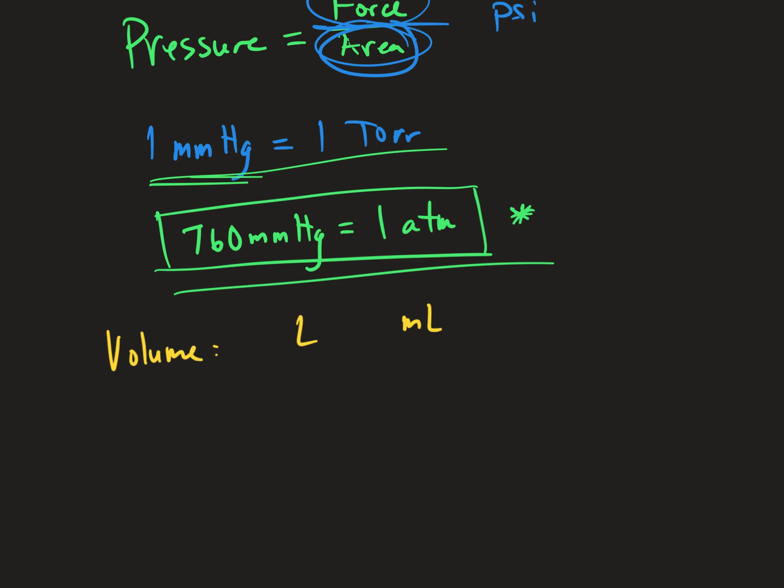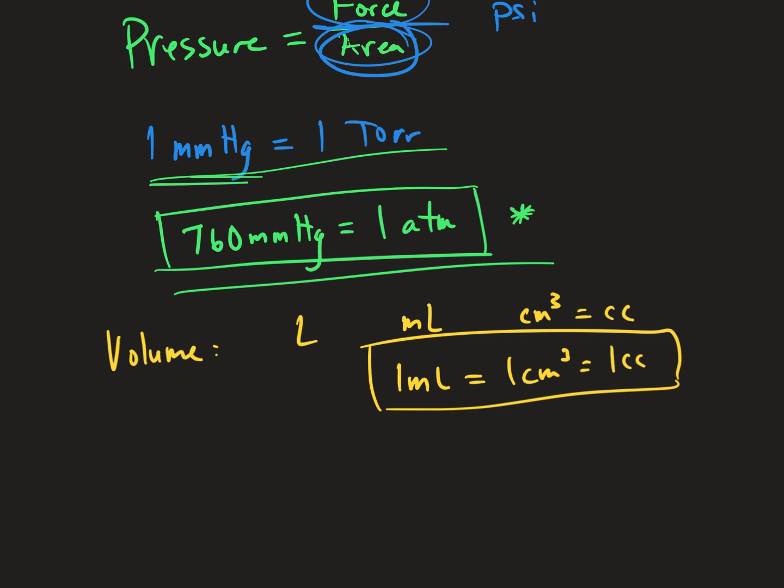So cubic centimeters, centimeters cube, or cc's. 1 milliliter is the same as 1 centimeter cube, or 1 cc. That's something you should know. And of course, liter is 1,000 milliliters, right? We should know that.